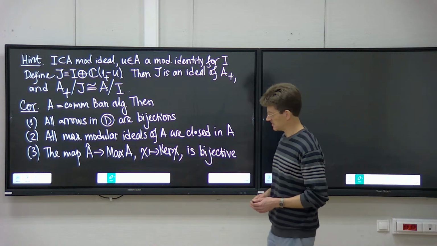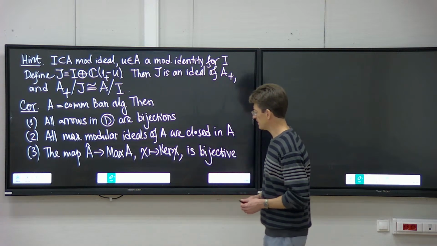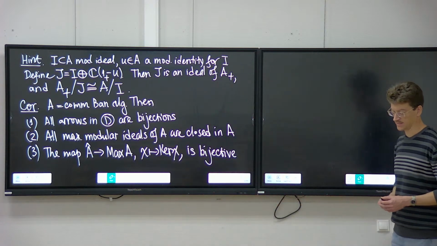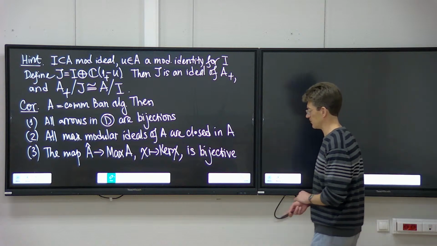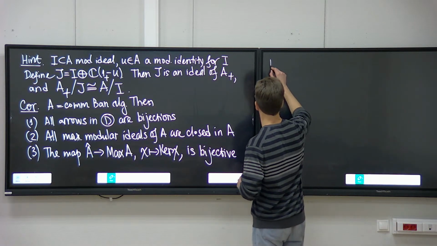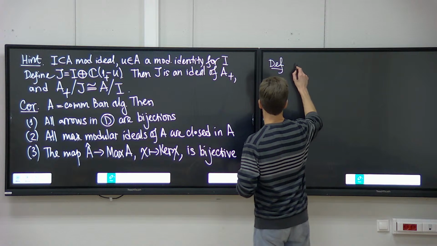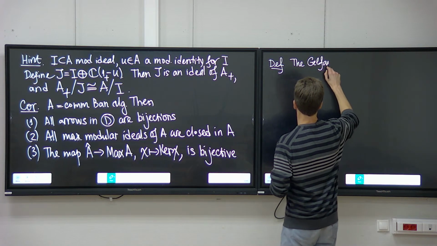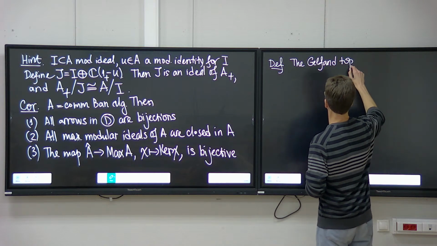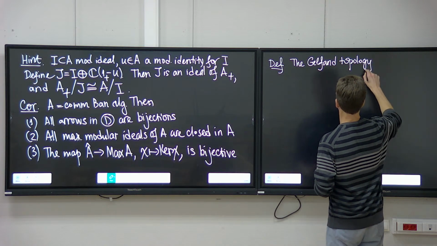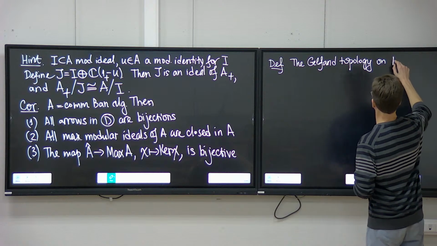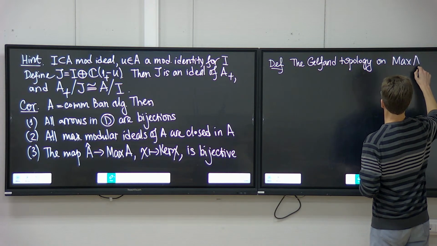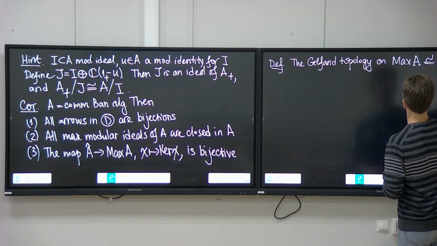Let's now topologize the maximal spectrum of A. This is done in exactly the same way as in the unital case. We define the Gelfand topology on the maximal spectrum of A, which from now on will be canonically identified with A hat.